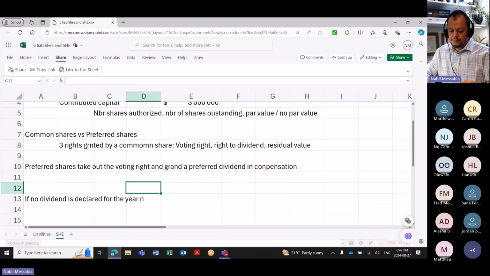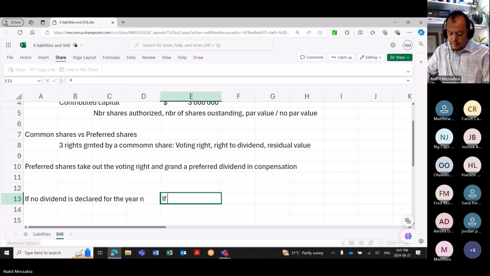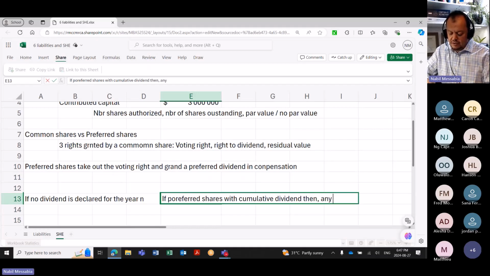So if preferred shares have a cumulative dividend, we start with cumulative, right?